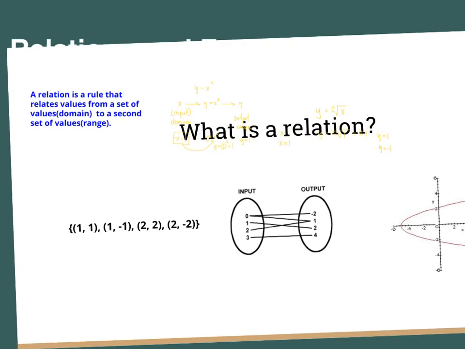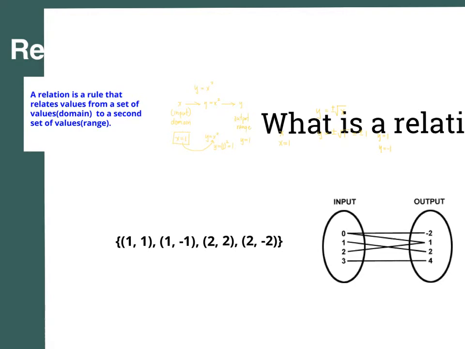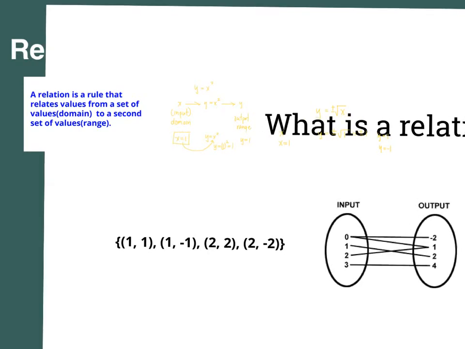If we look at the set of ordered pairs, we have 1 paired to 1, 1 again paired to negative 1, 2 paired to 2, and then 2 paired to negative 2. So clearly, there is a relationship between two sets of values: the first set is the x values of the ordered pairs, and the second set is the y values.